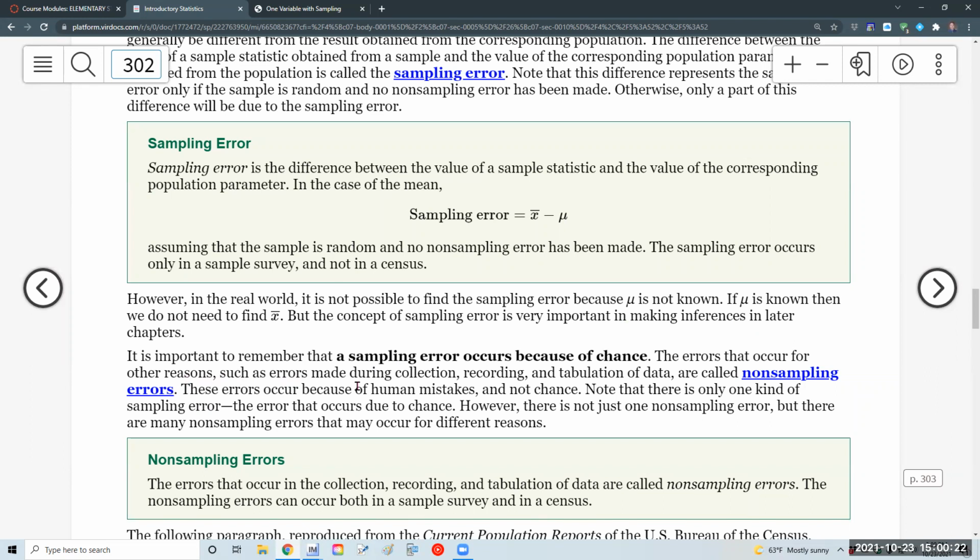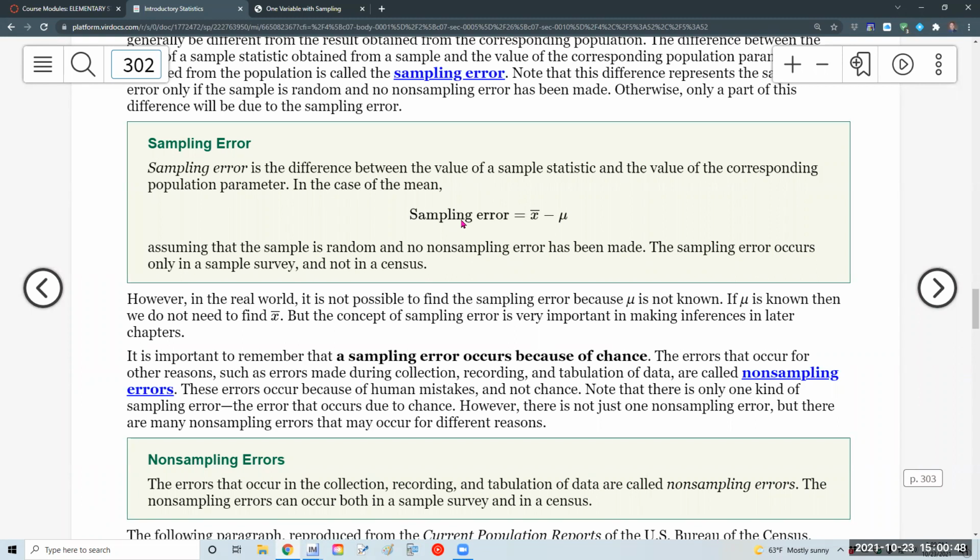It's important to remember that sampling error occurs because of chance. It occurs because of sampling variability: you are all going to get different values for the sample mean.